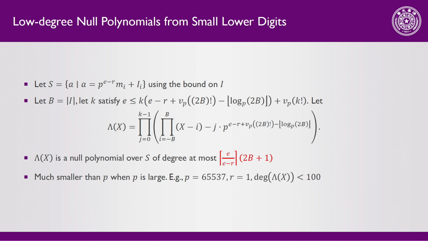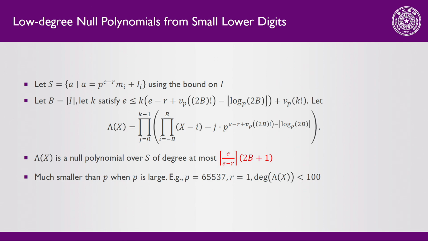So let's now construct the null polynomials. We define S to be the support of p^(e-r) times m_i plus I_i, and we let B be the bound on the error term I. We have the following polynomial lambda(x), which is a null polynomial over S of degree at most e divided by (e-r) times (2B+1).